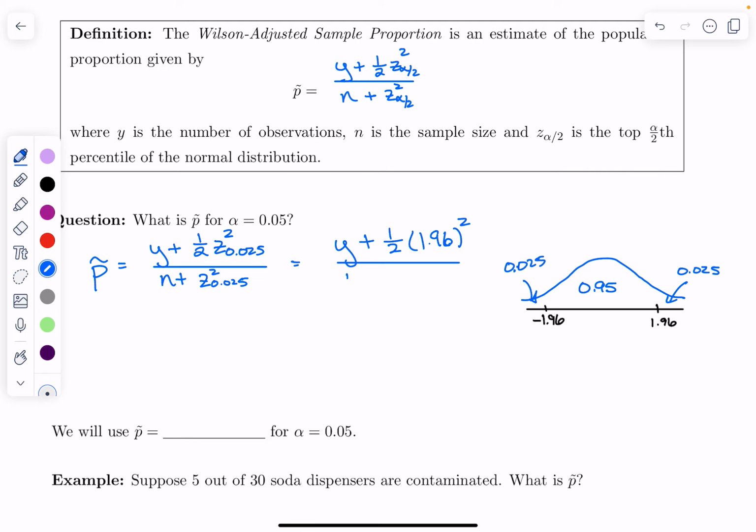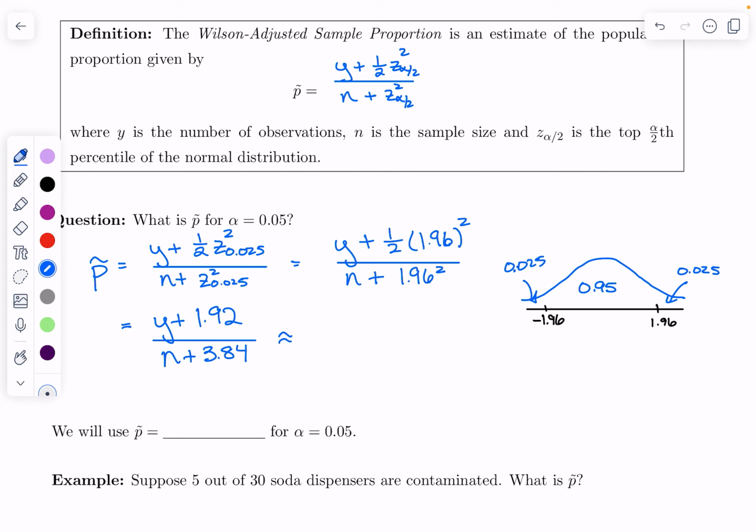And then in the denominator, we have n plus 1.96 squared. That gives us y plus 1.92 over n plus 3.84, which is 1.96 squared.